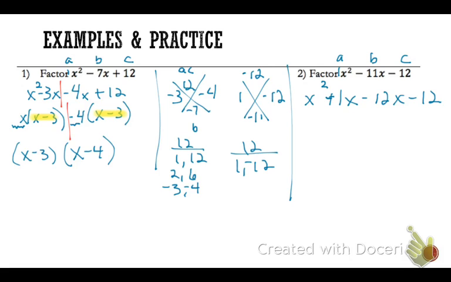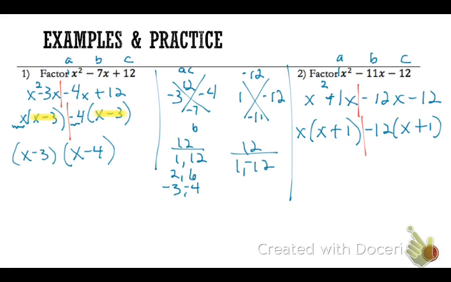Now let's divide those. Okay, so the first two terms, x squared and just single x, I can factor out an x, and then what I have left is x and then just a 1 here. Now between negative 12, negative 12, I can factor out a negative 12. And then what I'll have left is x and a positive 1.